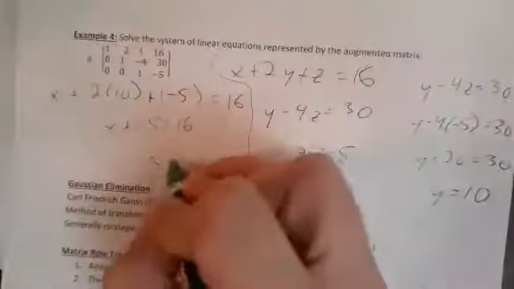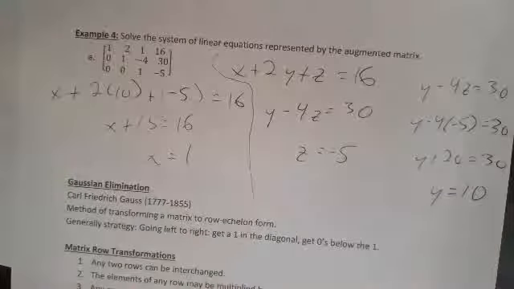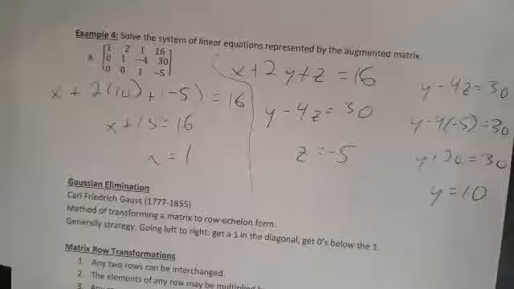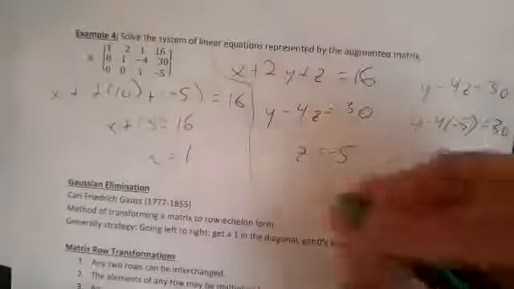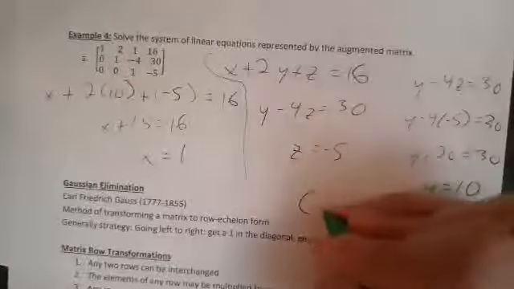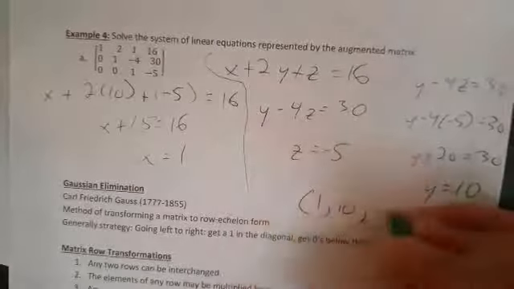I believe x is 1 then. Let me double check. Did that pretty quick. Okay. And so if I want to put this together as a solution, I have all my pieces. I can put it together as an ordered triple.